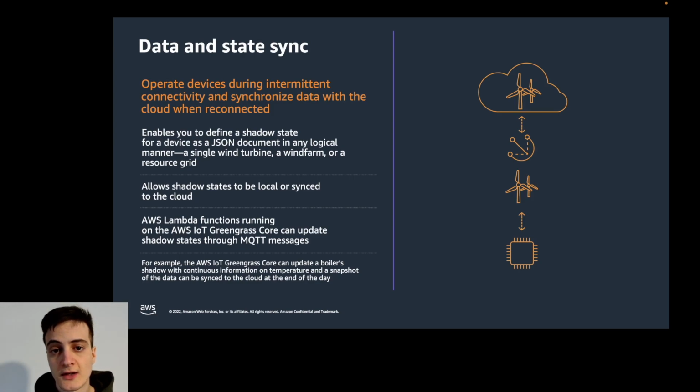Asynchronously because this can also happen on unreliable connectivity, which implies that if you change any status of a device from the cloud, this status is then asynchronously synchronized with the device itself as soon as the device comes back online.